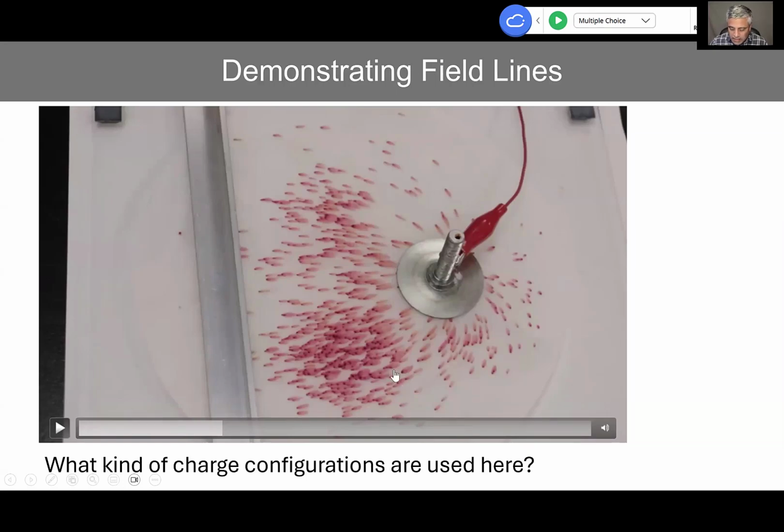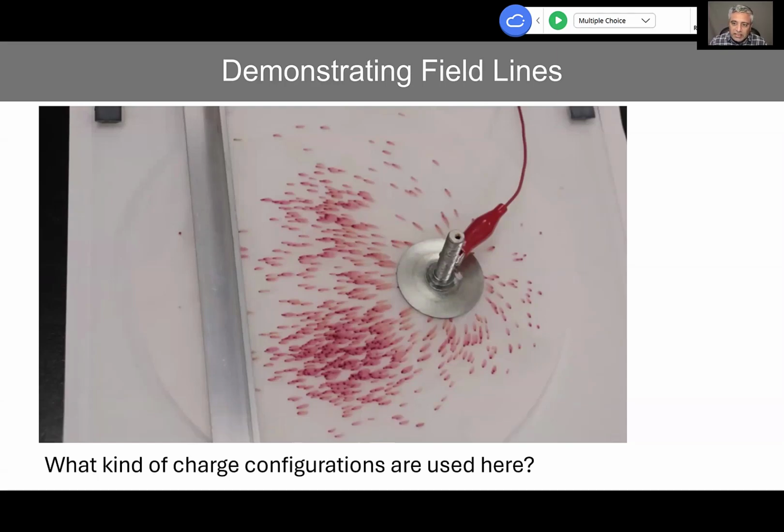So basically, if we leave or release a positive charge somewhere in between, it experiences force because of these two kinds of charges. And which way it's going to move is going to depend on the net force or the net field at that point, okay? And that's how the trajectory of that positive charge is going to look like. That's how a positive charge is going to move, okay?